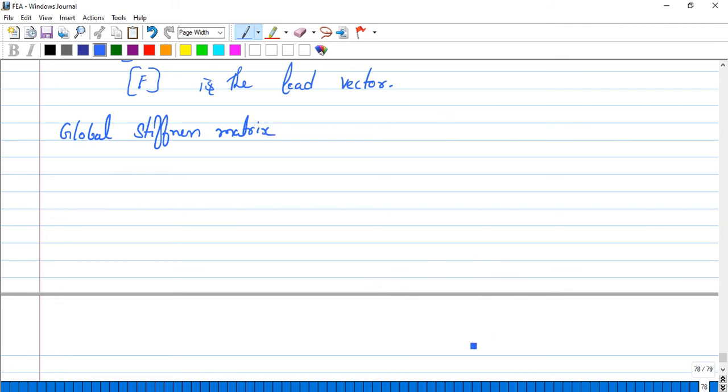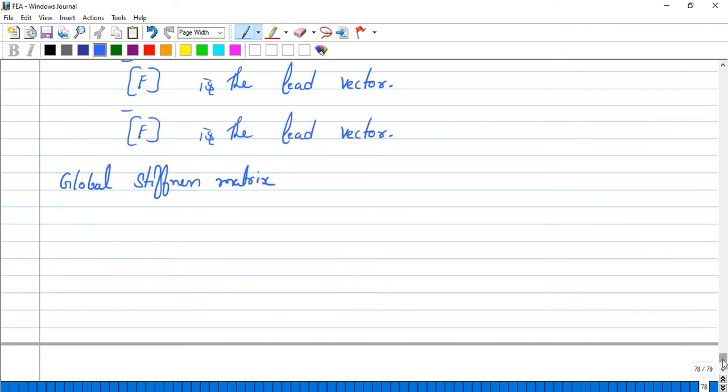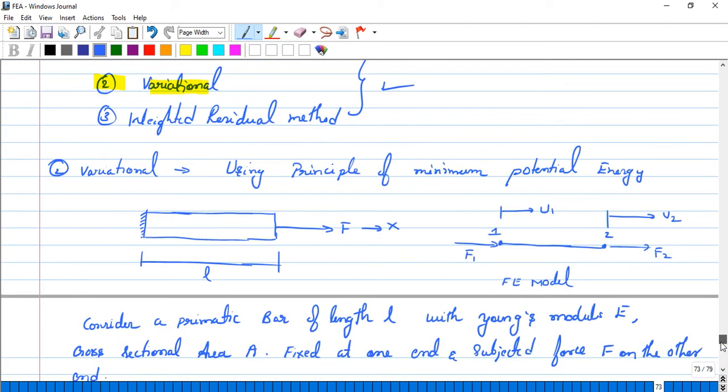In the previous problem, if I consider it as an entire structure, like a bar fixed at one end, we consider it as one structure, but we represented this particular bar in one element. You can see that there are only two nodes, one and the second node here.